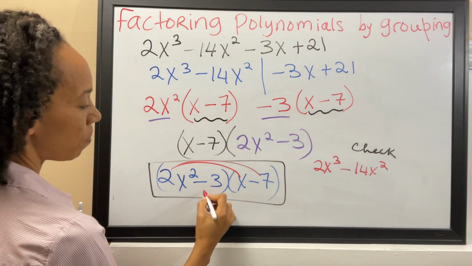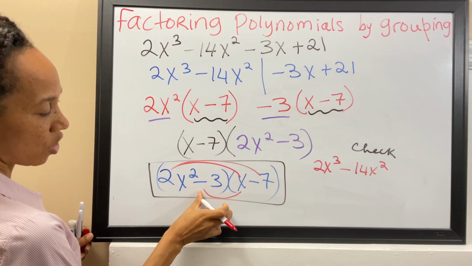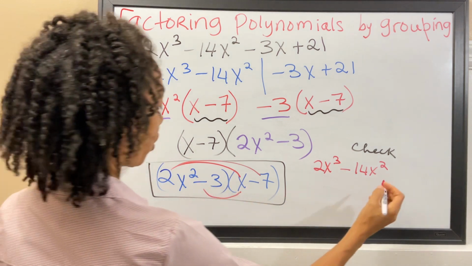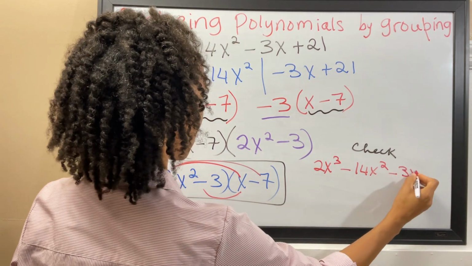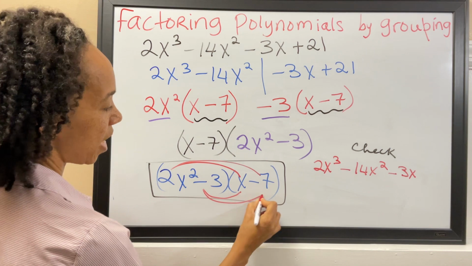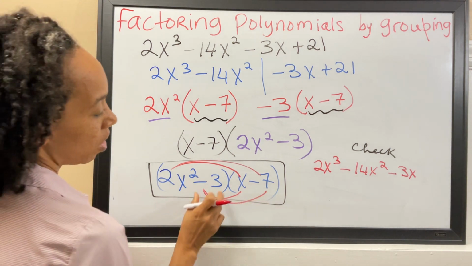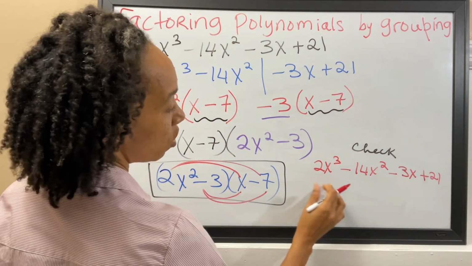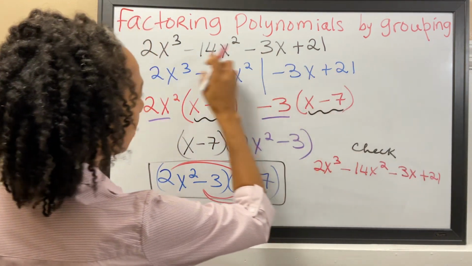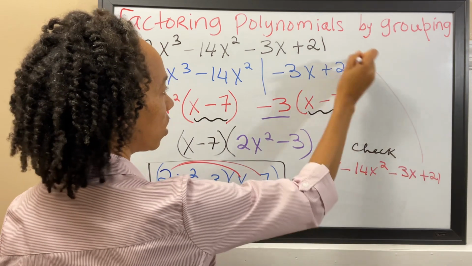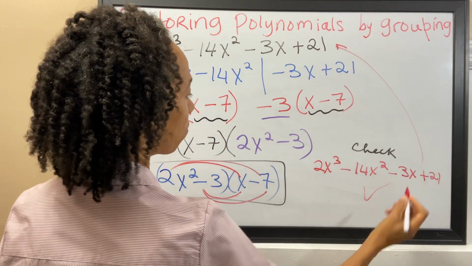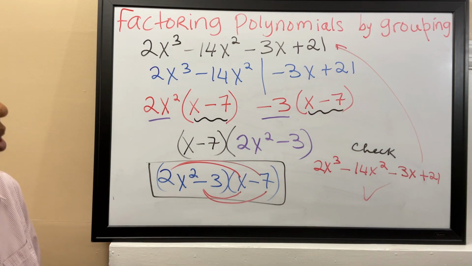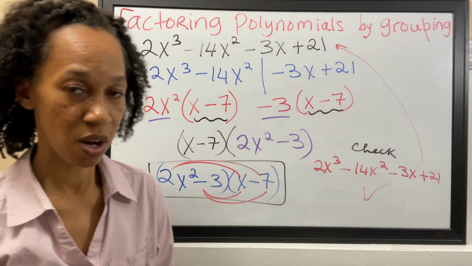Then you multiply the last term of the first binomial with the first term of the last binomial. You're going to get negative 3x, and then you multiply both last terms together. You're going to get positive 21. Now look back at your original expression and notice that you get the same thing. Then you can put a check mark, voila, and you can then submit that as your answer.